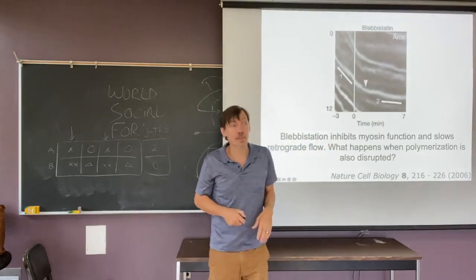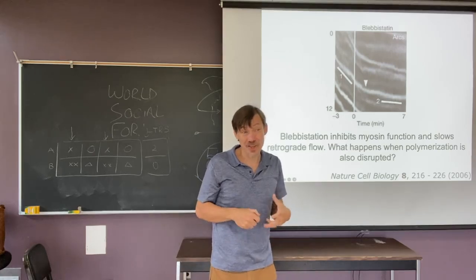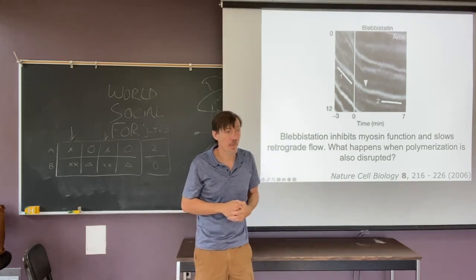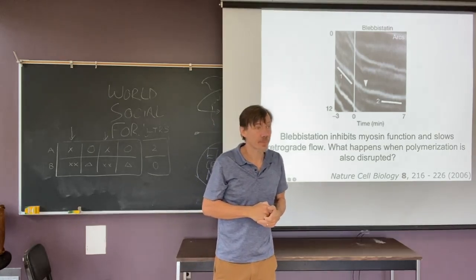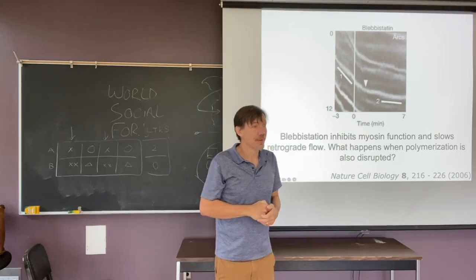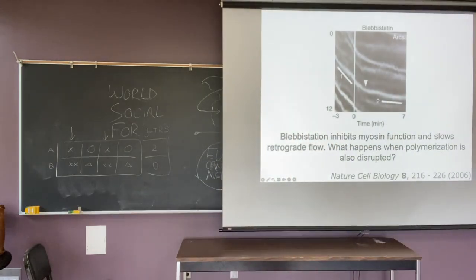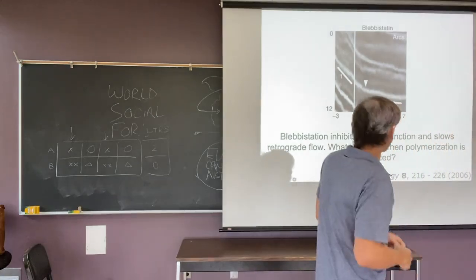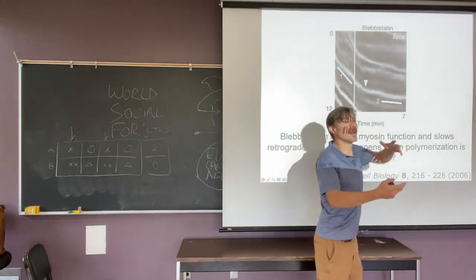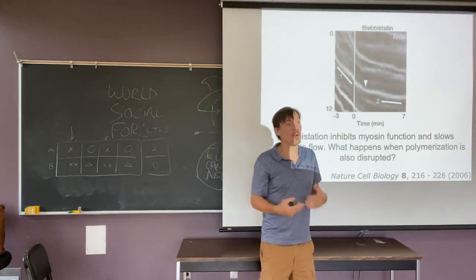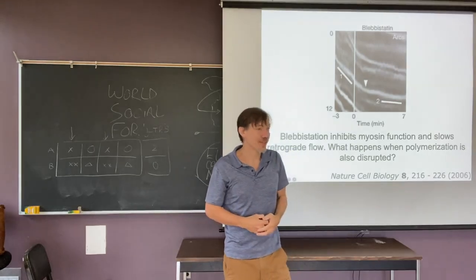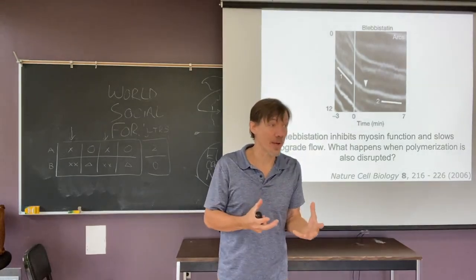What would you expect to happen when actin polymerization is also slowed down? I was just going to say like a decrease going the other direction. Well, yeah. So a possibility would be that there would be a further decrease in velocities if these two things are working together.